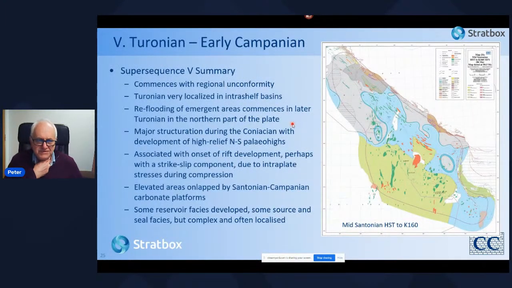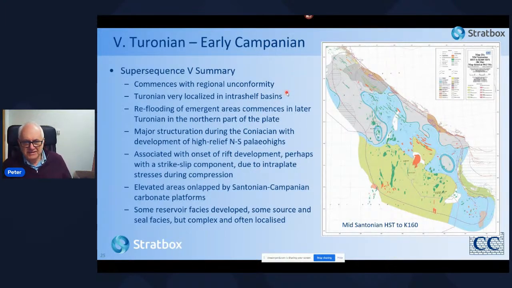So supersequence 5, this is the one that commences with the regional unconformity, the top Mishrif unconformity we've just talked about. The Turonian is very, very localized in intra-shelf basins, with deposition largely in these intra-shelf basins to start with, and reflooding of the emergent areas commences in the later Turonian, particularly around the northern part of the plate.